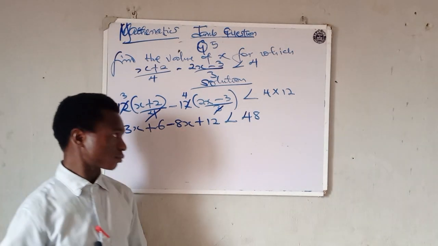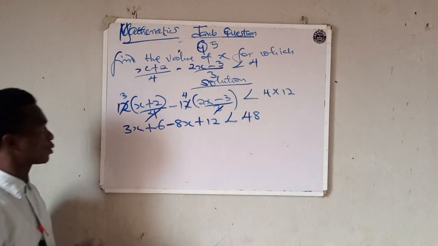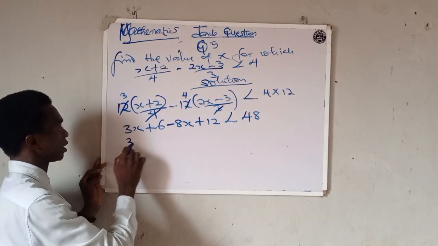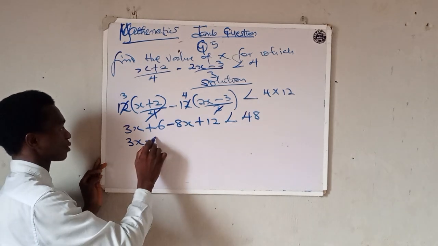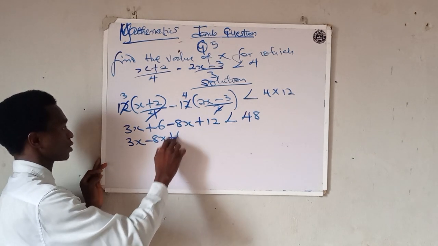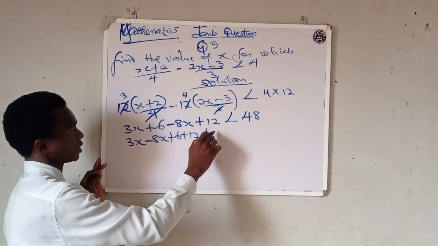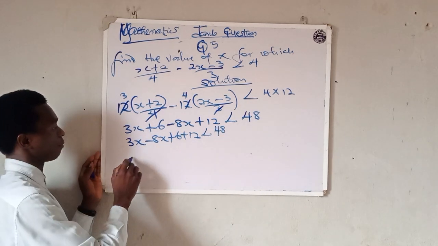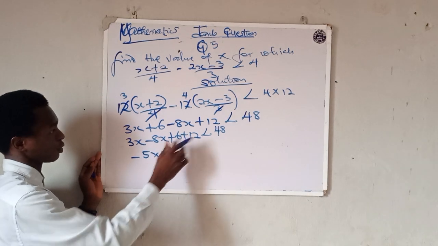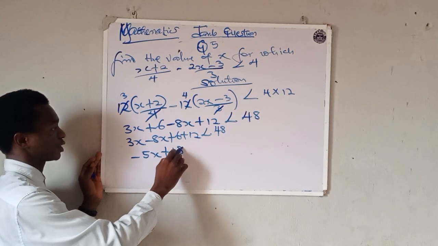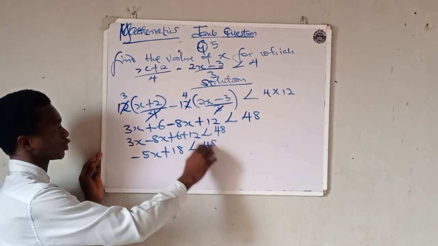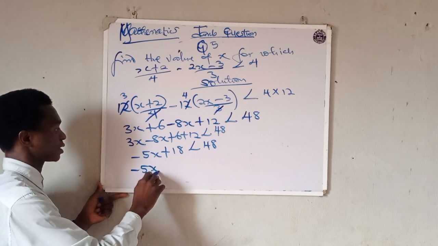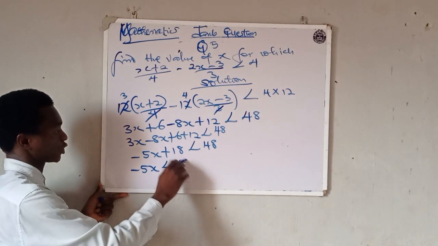Alright. Next up, we are going to arrange your terms. 3x minus 8x plus 6 plus 12 is less than 48. 3 minus 8, we have minus 5x, plus, add these together, we have 18 is less than 48.